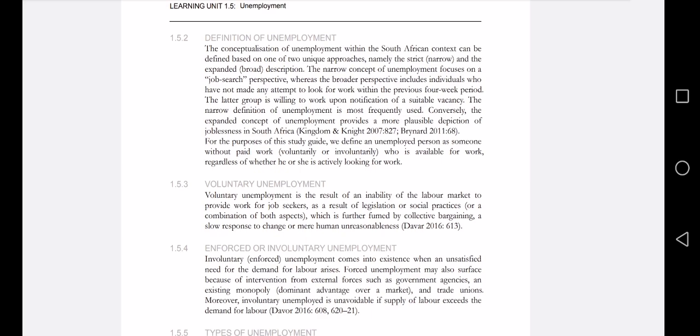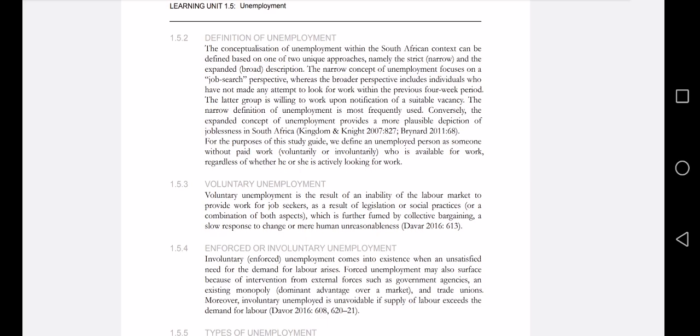Definition of unemployment. The conceptualization of unemployment within the South African context can be defined based on one of two unique approaches, namely the strict or narrow and the expanded or broad description. The narrow concept of unemployment focuses on a job search perspective, whereas the broader perspective includes individuals who have not made an attempt to look for work within the previous 4 week period.